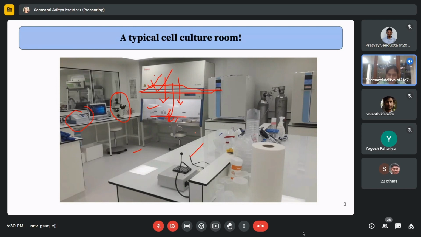We never know, so it's always better to take precautions and carry out cell culture in a very sterilized environment, and be really careful.